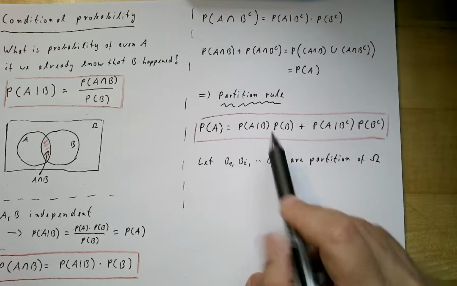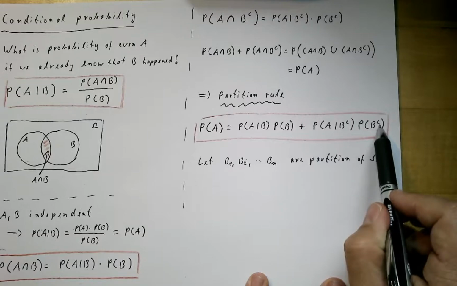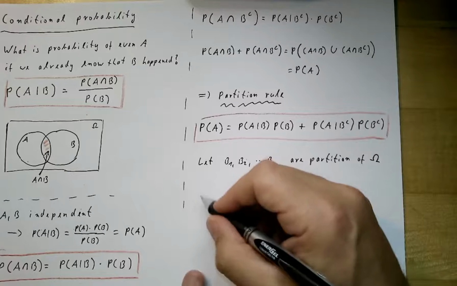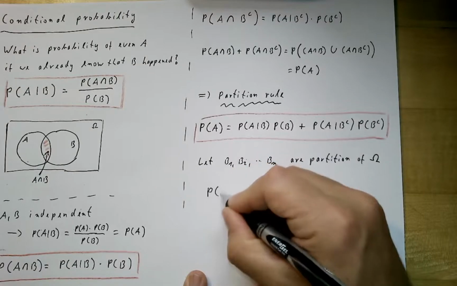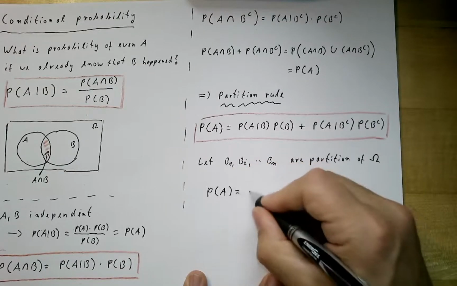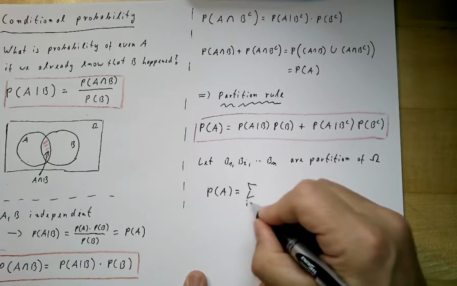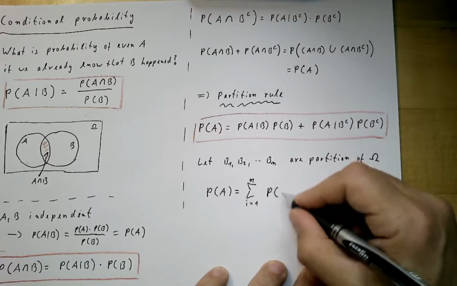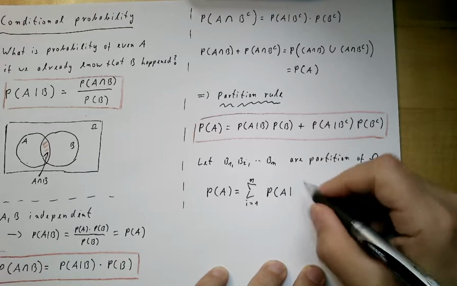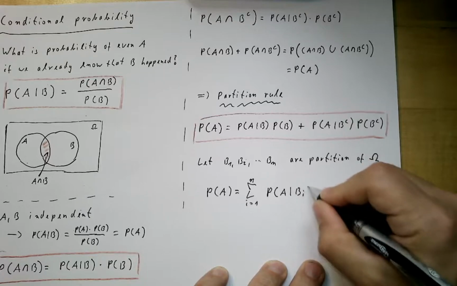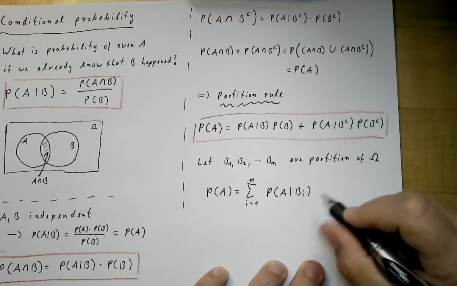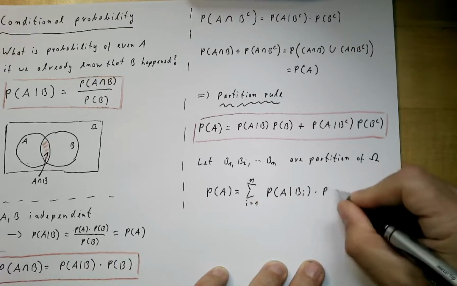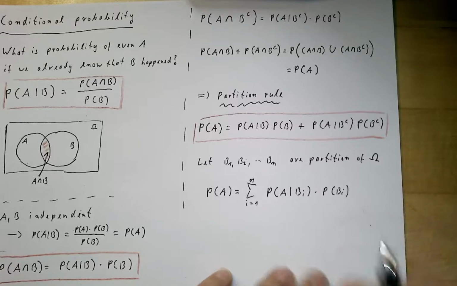Just like B and B complement are a partition of omega, you could have many sets which make a partition. And then we can write the probability of event A as the sum over all partitions of the conditional probability of A conditioned on one of these sets, multiplied by the probability of this event.